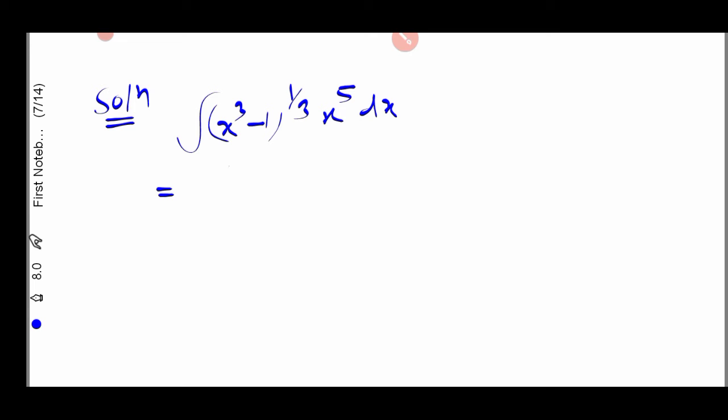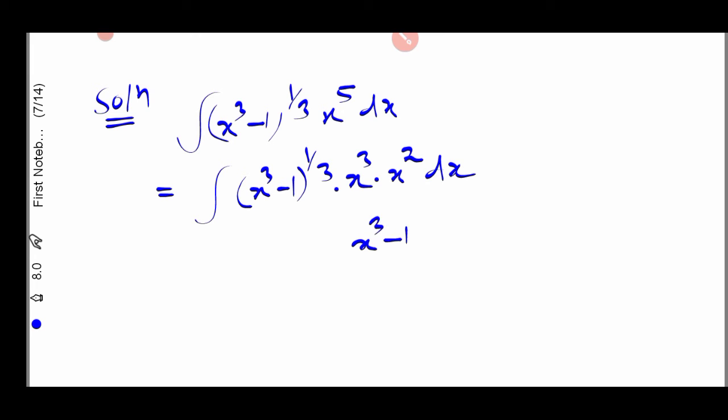By rewriting the given integration, we have (x cube minus 1) whole to the power 1 by 3, and x to the power 5 can be broken into two terms, x to the power 3 into x to the power 2. Now let us assume x cube minus 1 equal to t.